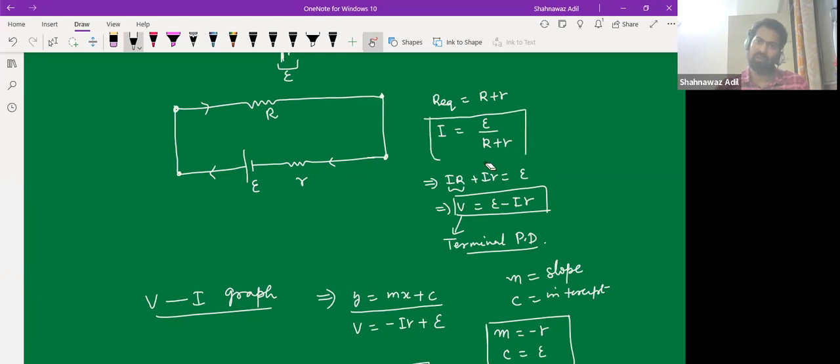So whenever we have a combination of resistances, or a combination of cells, this would be the result that will always be. So always remember this point, right? So when we write the current for different kinds, this would be simply E equivalent by R plus R, these things.